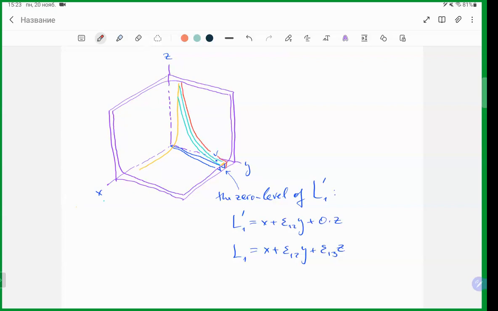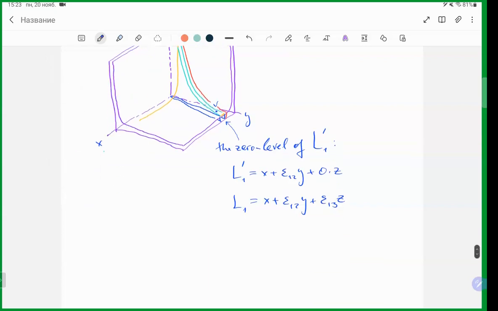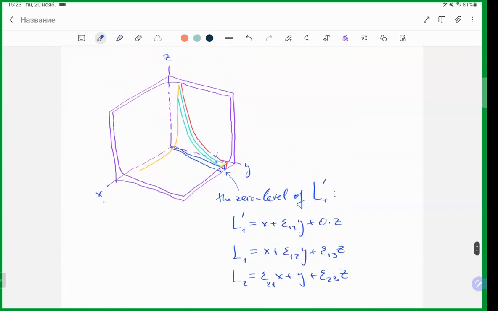Now, the form L2 is simply epsilon 2,1 x plus y plus epsilon 2,3 z.